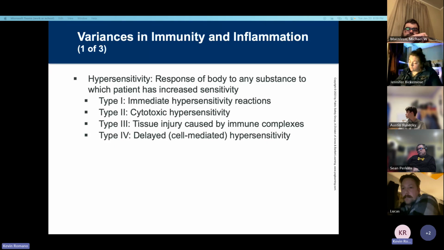The systemic form is serum sickness, which results from a large single exposure to an antigen, and the localized form is an arthritis reaction. A type 4 is a delayed cell-mediated hypersensitivity, where you have 2 subtypes, delayed hypersensitivity and cell-mediated cytotoxicity.